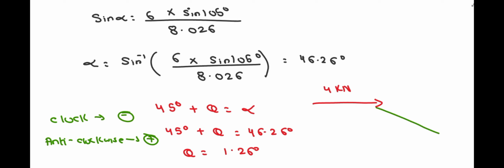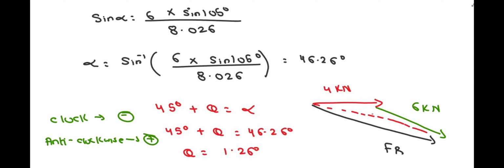This is nothing but the 6 kilonewton force, and this is basically our Fr. So this is basically our u axis, and this angle right here is basically 1.26 degrees, and this angle goes in the clockwise manner. That's why the negative sign appears here. Now your question has been solved.